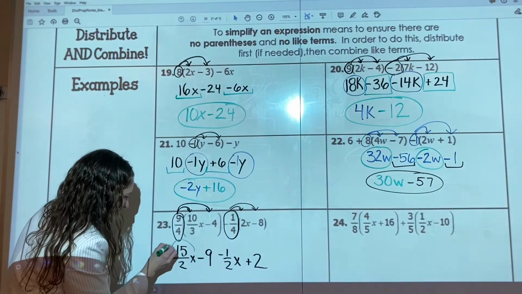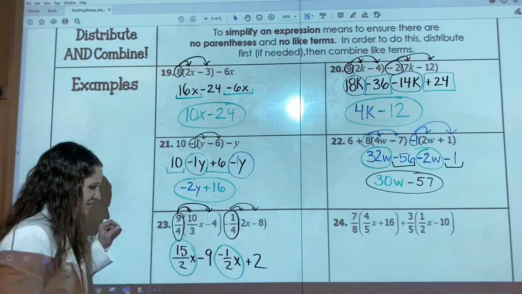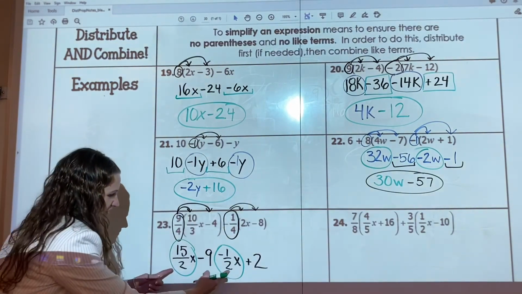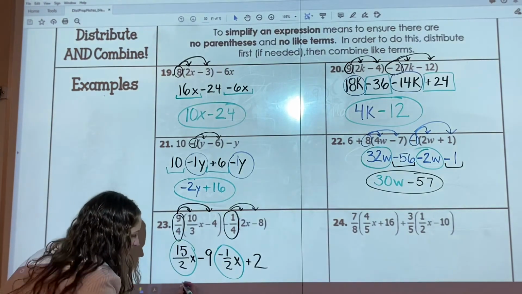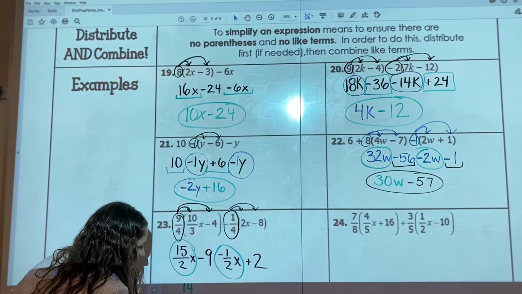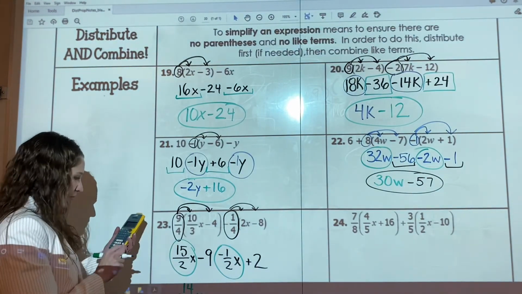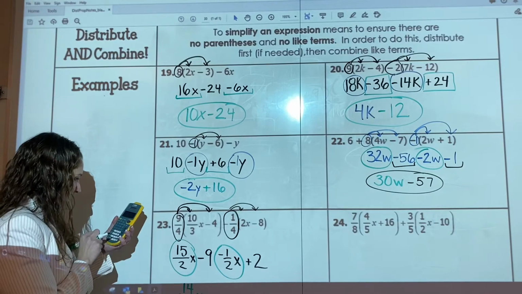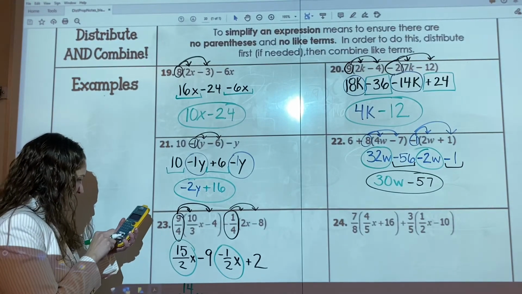We have 15/2x and -1/2x. And if you think about that, because they both have the same denominator, you can subtract them, but just to be sure, and I'll put 14/2x. We'll see what happens from there, because that might simplify as well. Let's take 15/2, and let's subtract 1/2.